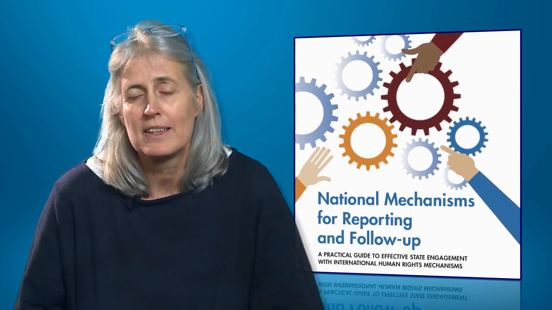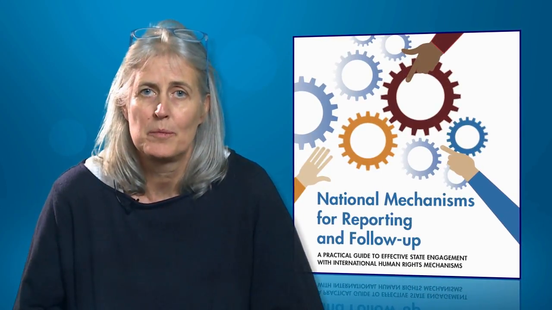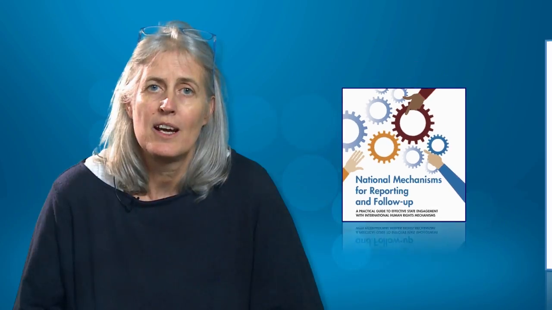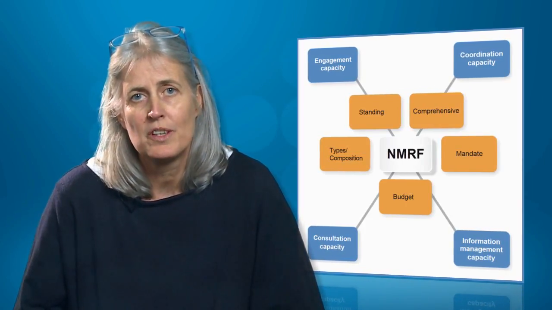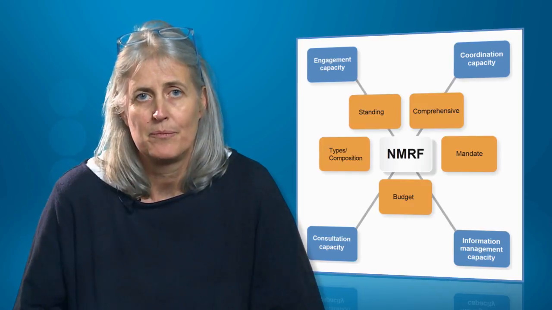All governments have some sort of interministerial coordination structures or processes to engage with the Universal Periodic Review, special procedures and treaty bodies. An increasing number are now institutionalizing these structures and processes into what we call national mechanisms for reporting and follow-up. They seek to enhance coordination among different ministries and with the National Statistics Office.